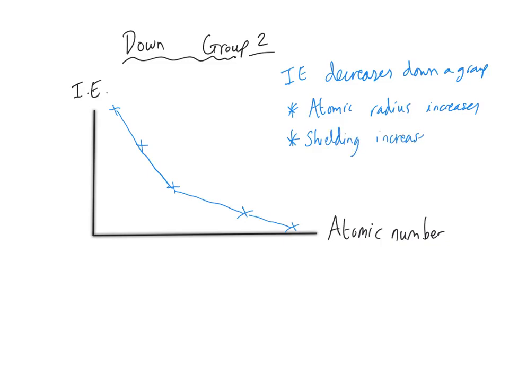So that means that the electron shells are blocking the nucleus's attraction for the outer electrons. And both of those factors end up with a weaker electrostatic attraction between the nucleus and the outer electron, which is potentially being removed in the ionisation.